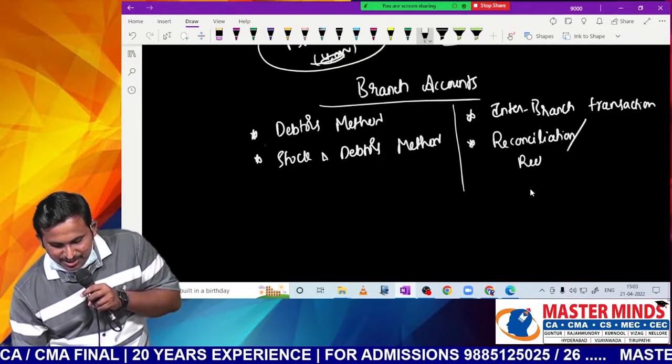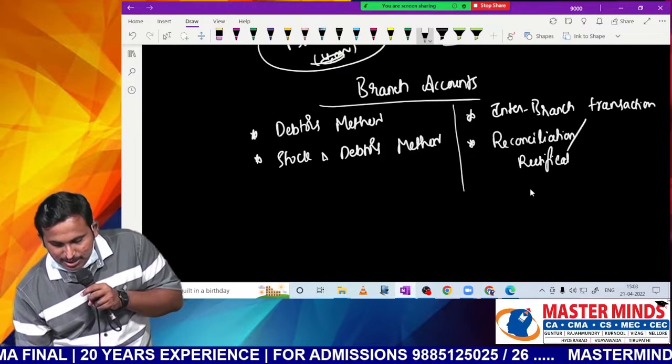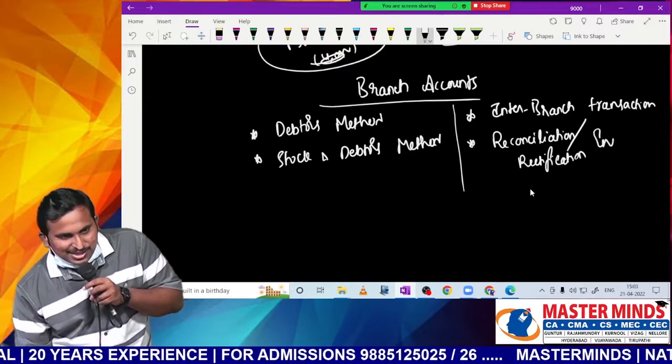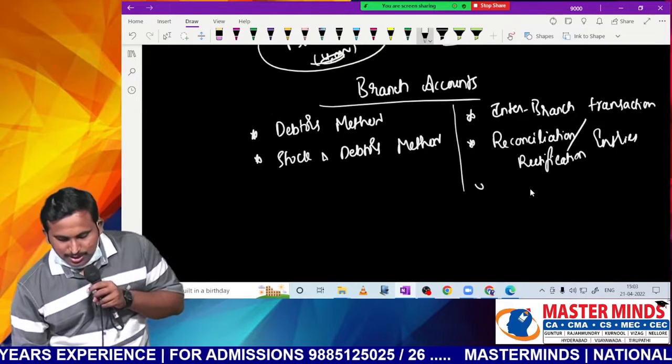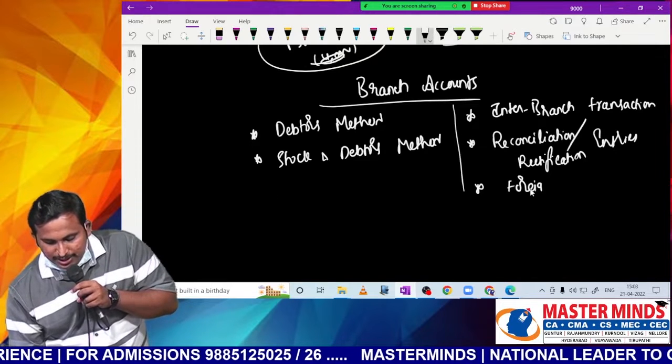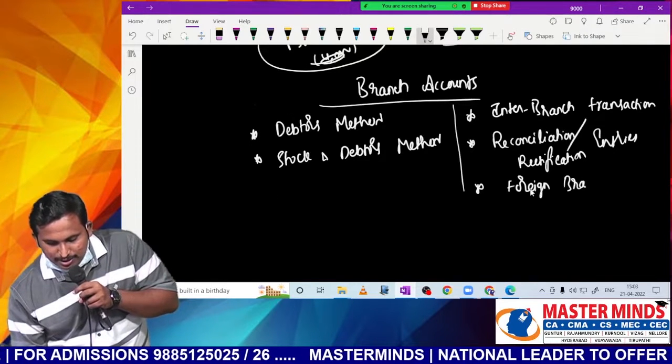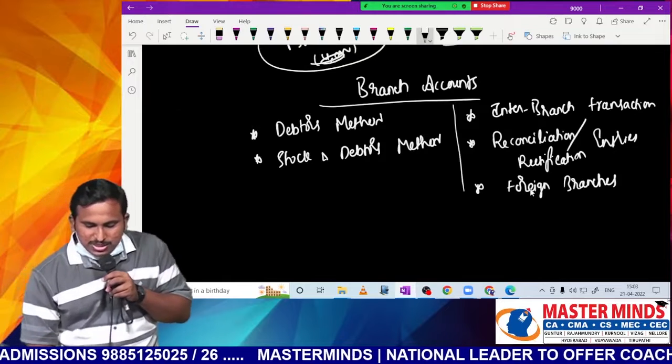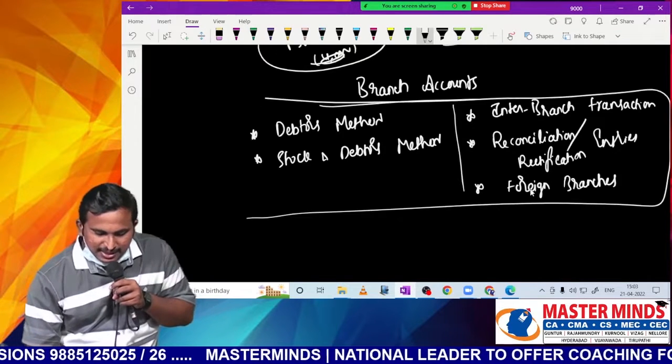Reconciliation or rectification entries also we can say. There will be a question which covers rectification entries. And at last, foreign branches, both integral as well as non-integral. Sir, these are the topics which are frequently asked in the exam.